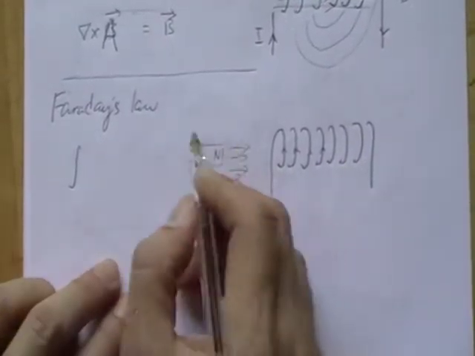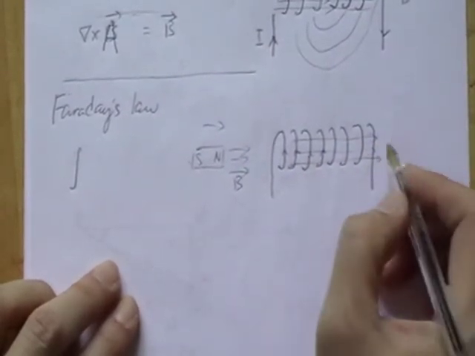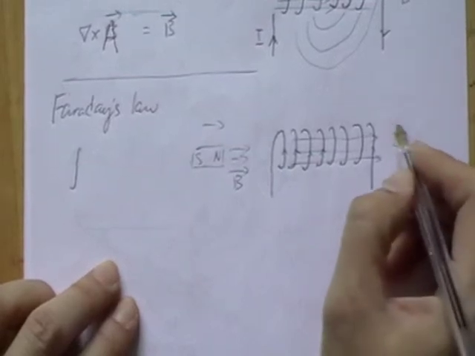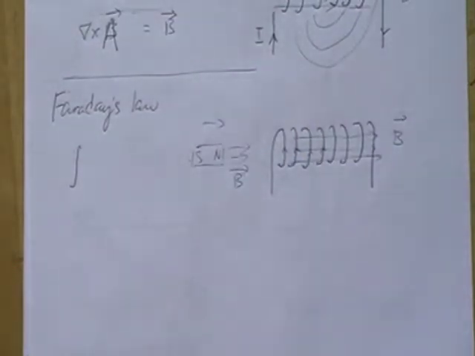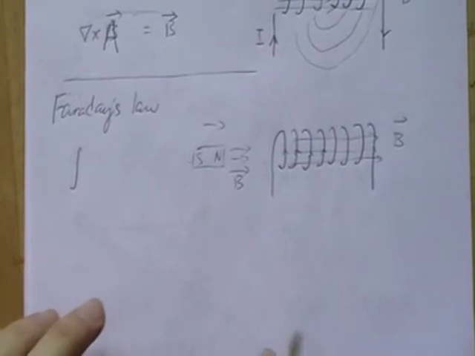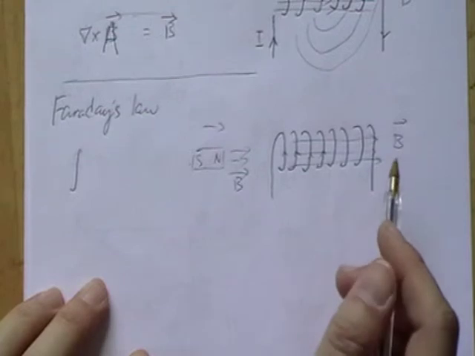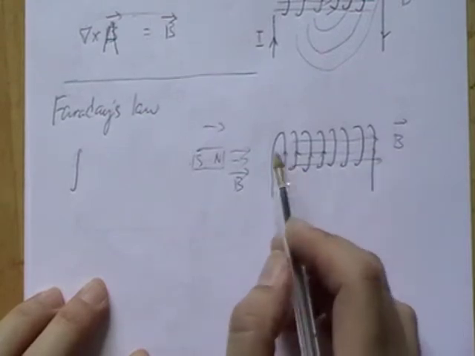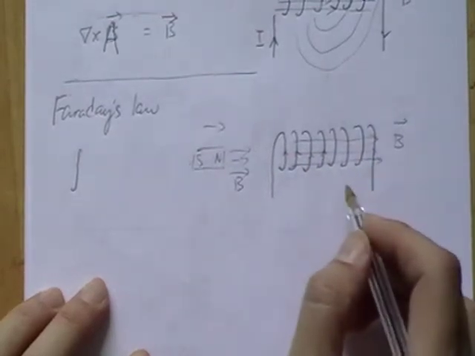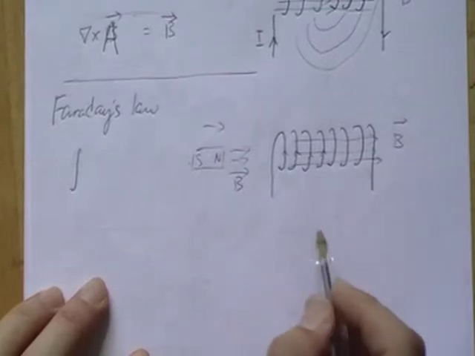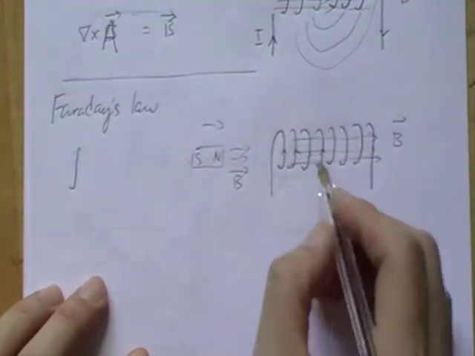So as you move this magnet towards it, the magnetic field through the solenoid changes, and this change in the magnetic flux would induce a voltage around the loop. Now, in fact, the voltage is induced. We can think of the reason why the voltage is induced as a result of a circular electric field being created around the changing flux.